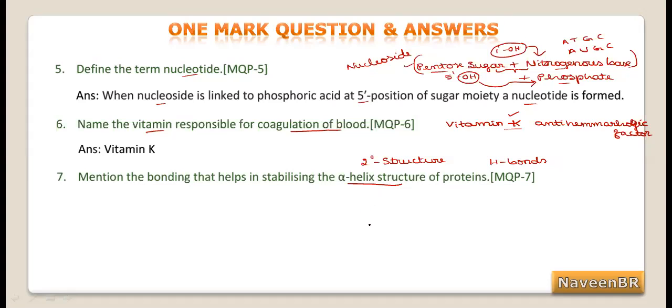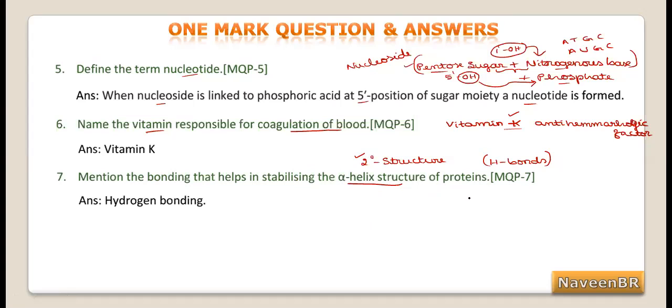Then such a tertiary structured polypeptide chain is referred to as a subunit. All such subunits functionally assemble to give the quaternary structure. So that is what we studied in the four structural levels. Now with respect to alpha helix, which is a secondary structure, the hydrogen bond gives the stability for the structure. The answer is hydrogen bonding.